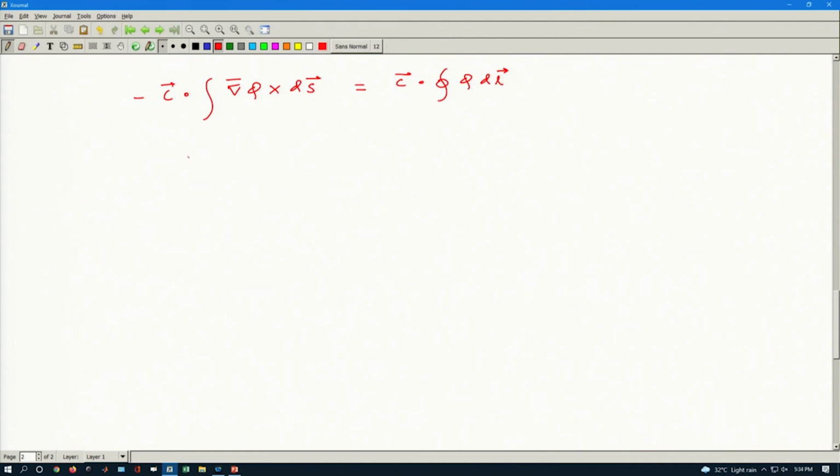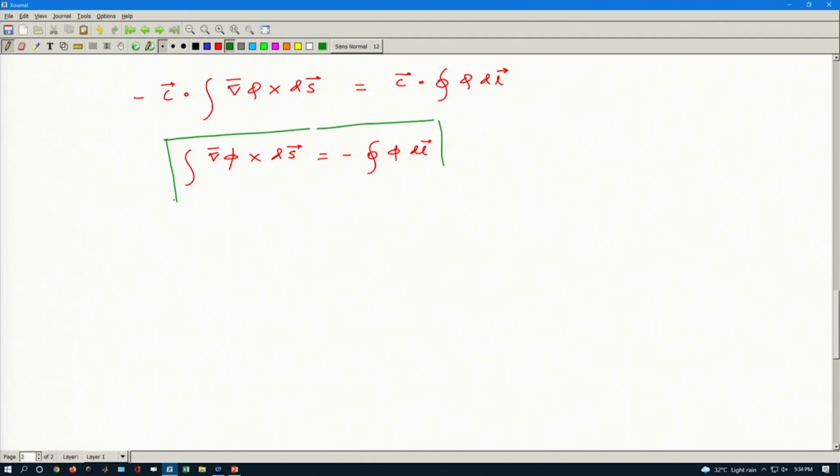So, that means I can safely write that the integral of gradient phi cross ds is equal to minus the closed integral of phi dl. So, this is one very interesting vector identity, like Stokes law, like Gauss's integral theorem.